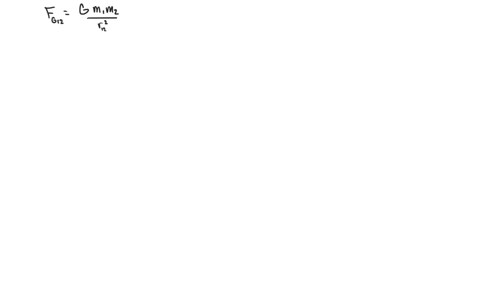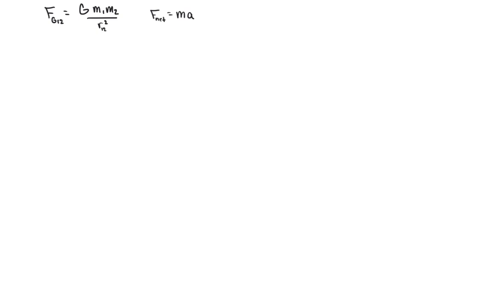Now, we also know from Newton's second law that the net force on an object is equal to mass times acceleration. And these two forms of mass are not necessarily the same, but you can think of mass in terms of gravity, or you can think of mass in terms of inertia. And this value of big G for our gravitational constant here was chosen to make those two masses be the same.